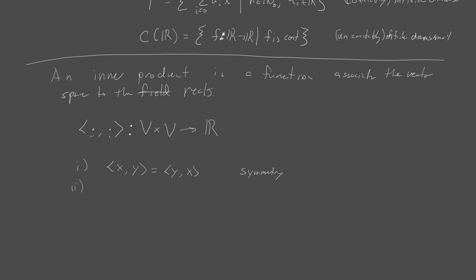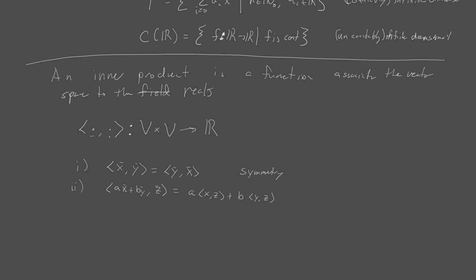I want that ax plus by with z, I want linearity. So I want a times x with z plus b times y with z. And remember, these are all real. I'll put vectors on the x, y's, and z's because those are the vectors that are being input. But the a and the b are scalars.